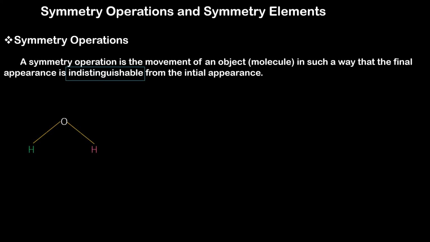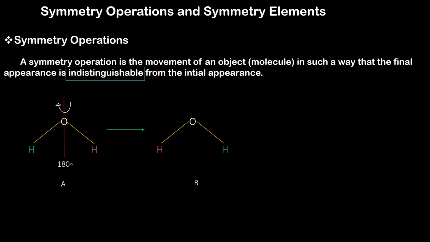Suppose we have a water molecule. Here, two hydrogen atoms are of different color. Let this orientation of the water molecule be A. If we rotate this molecule by 180 degrees about this axis, we get another orientation, that is B, with different positions of the previously colored hydrogen.